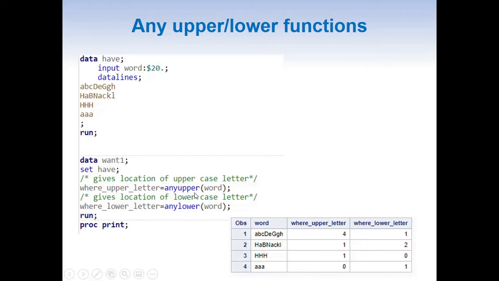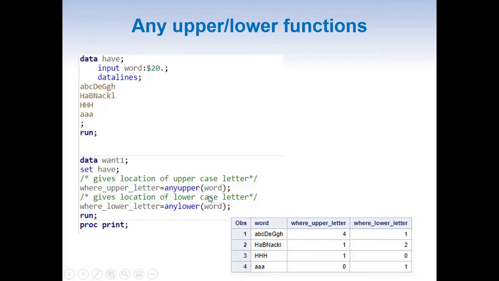What the ANYUPPER function does is it finds or locates the first occurrence of an uppercase letter. If you see in this observation, at the 4th position, there is an uppercase letter.